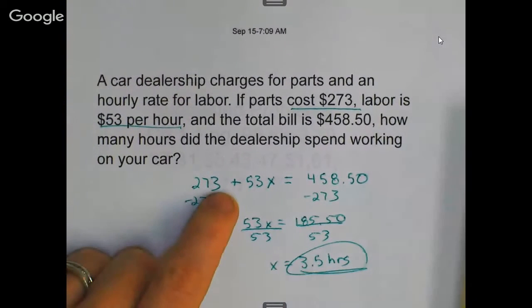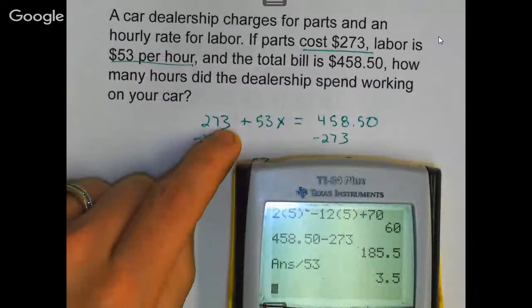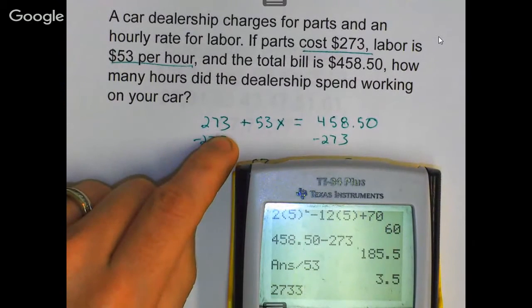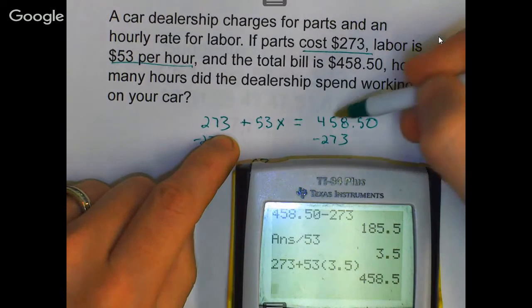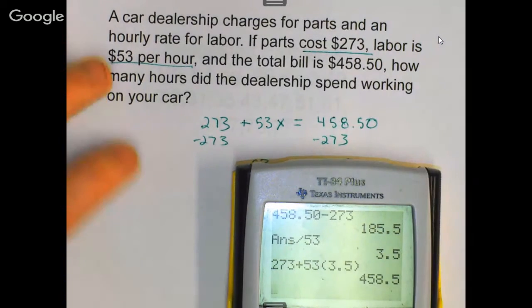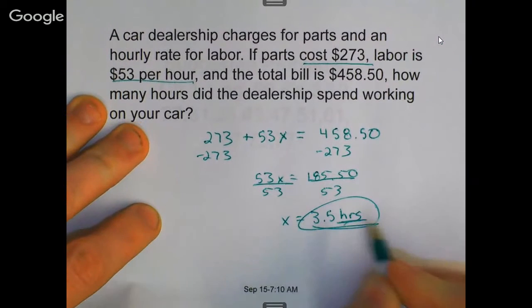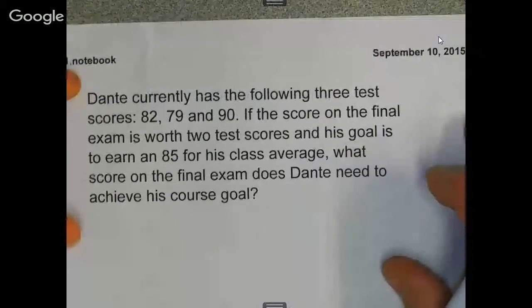Now I can double check that. If I come here and say 273 plus 53 times 3.5 equals, and I say 458.50. Okay, so 3.5 hours. Word problems have to have a label. You will get it wrong if you do not have a label.